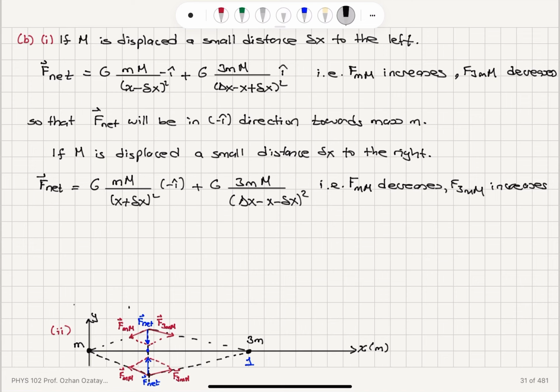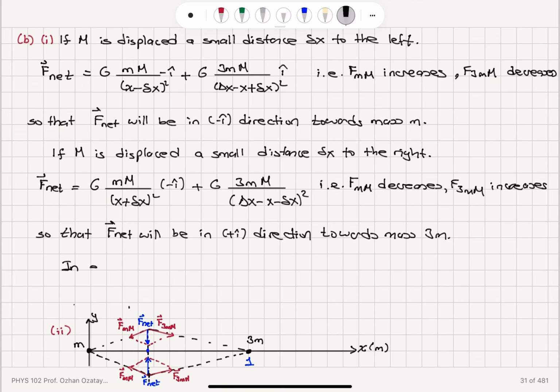So this implies that in this scenario, the net force will be in the plus i hat direction, towards mass 3m. So what do I see?